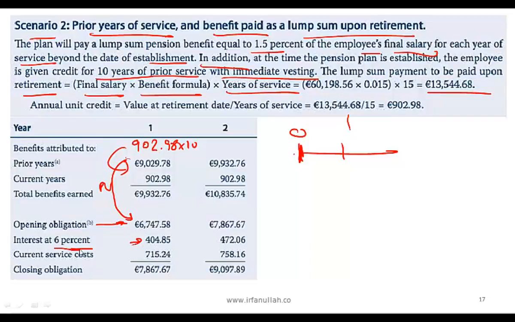This is 6% of what? 6% of the opening liability obligation. And what about the current service cost? This is the same as the previous slide. And then we carry forward the way we did with scenario 1, and the curriculum goes on to give you the numbers for years 3, 4, and 5. But as long as you can figure out 1 and 2, the rest are mechanically the same.